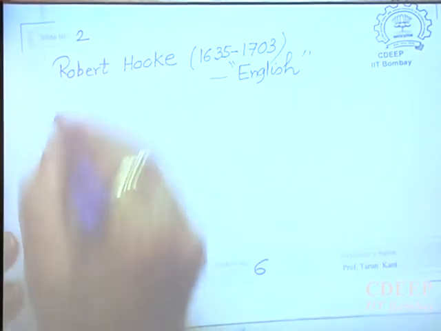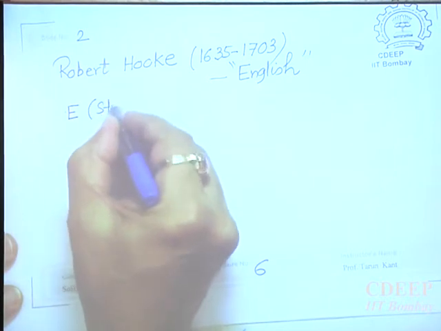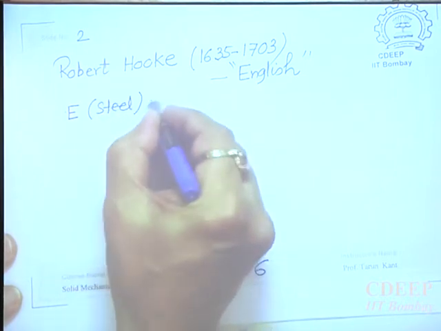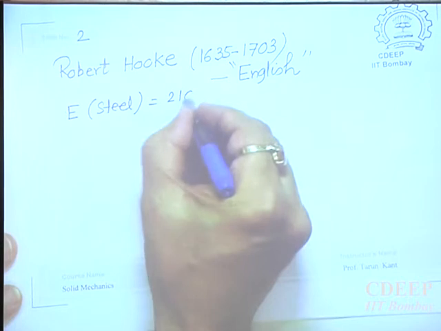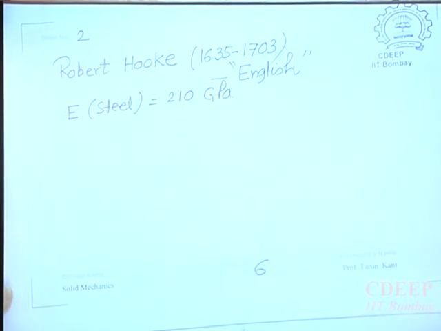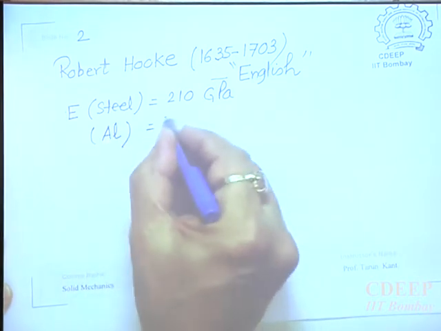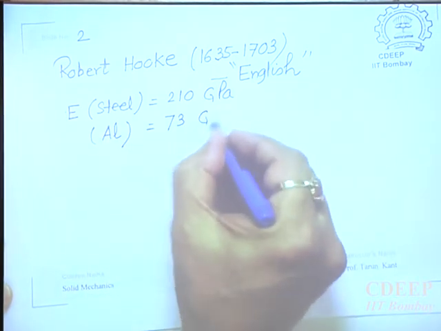The modulus of elasticity of steel is something like 210 GPa, that is gigapascal. For aluminium it is much less, 73 GPa.